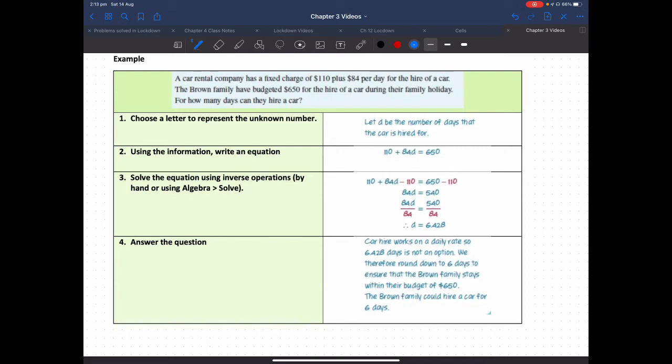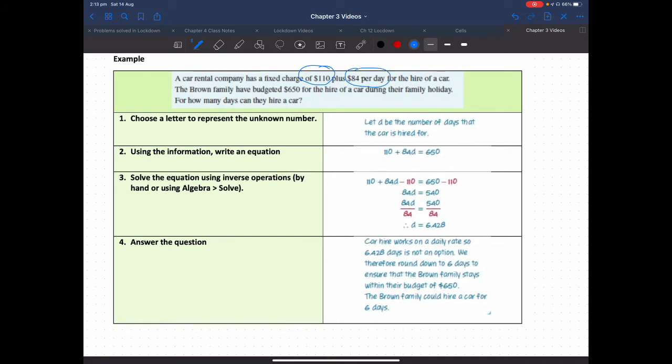A car rental company has a fixed charge of $110 plus $84 per day for the hire of a car. So there is a fixed charge. That $110 is a constant. It doesn't change. Plus $84 per day.